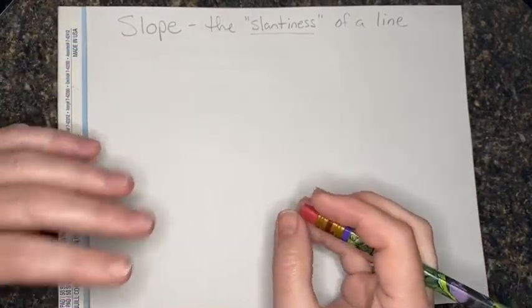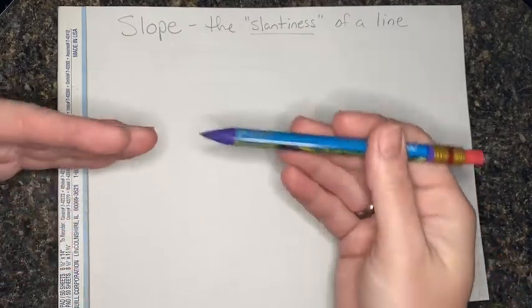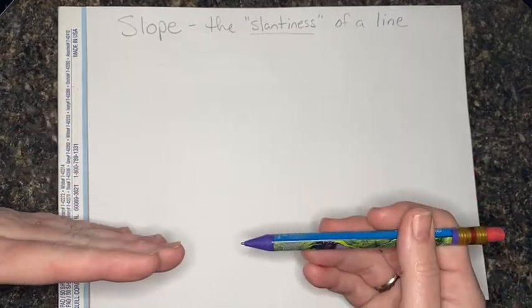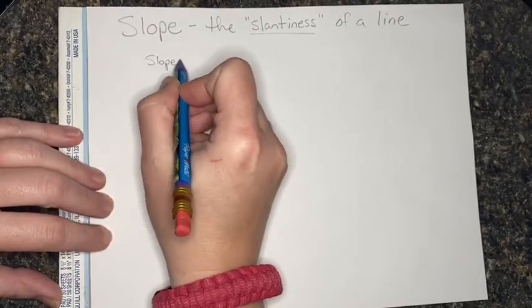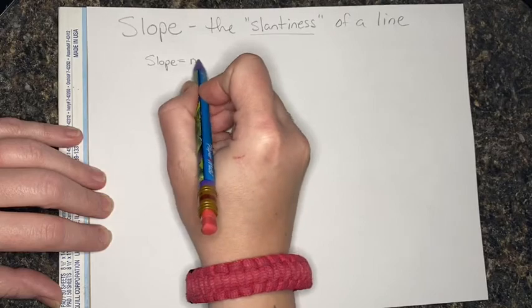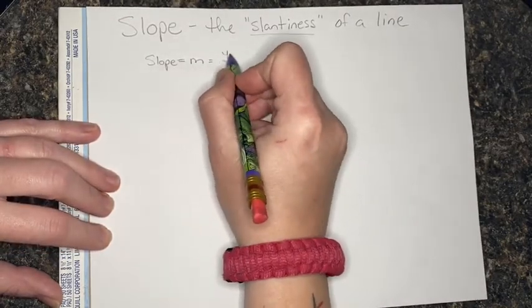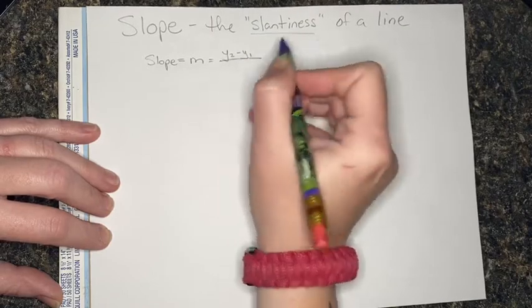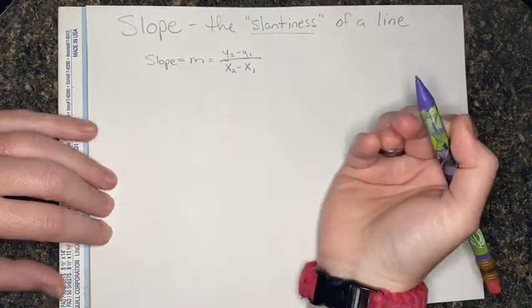We define the slope of a line as the ratio of the difference in the y coordinates to the difference of the x coordinates, and that's written like this: the slope, which is represented as an m, is equal to the difference of the y coordinates over the difference of the x coordinates.